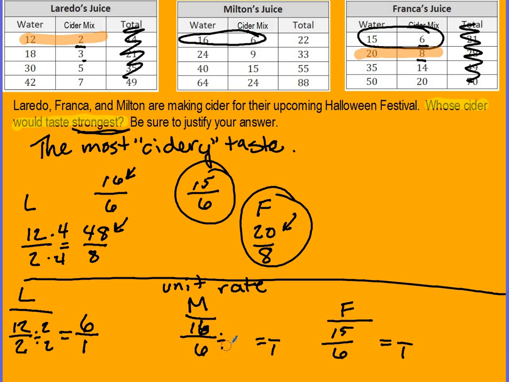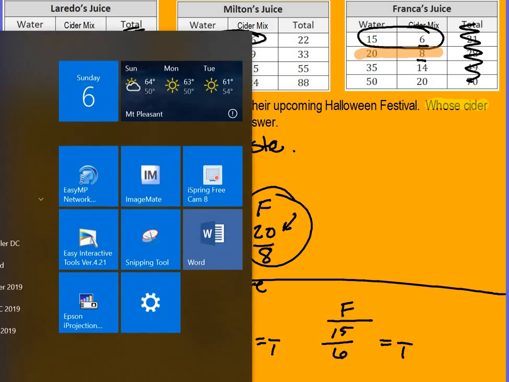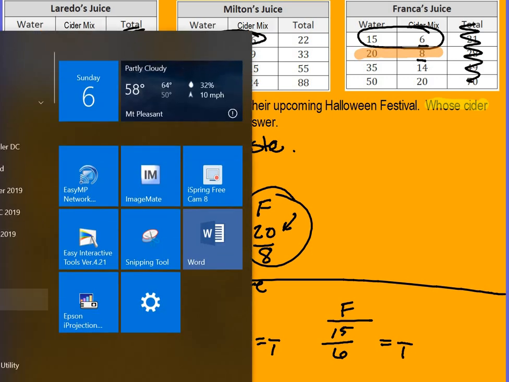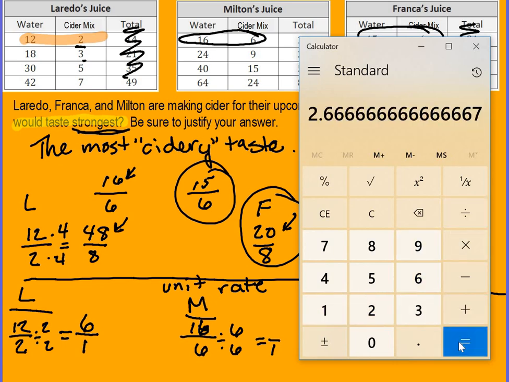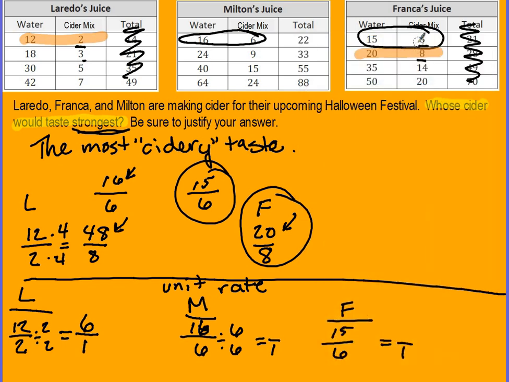For the next one, I'm going to be dividing both 16 and 6 by 6. Now I know that that is not the nicest division problem to do, but we can use our calculator here to make it a little easier on us. So 16 divided by 6 gives me 2 and 6/10 repeating.